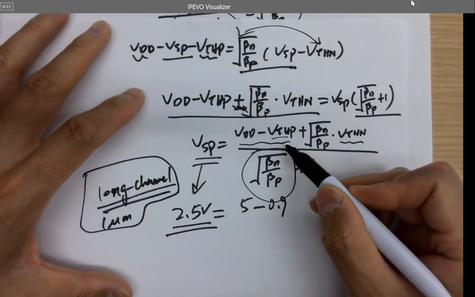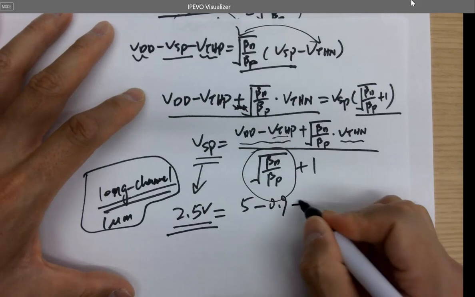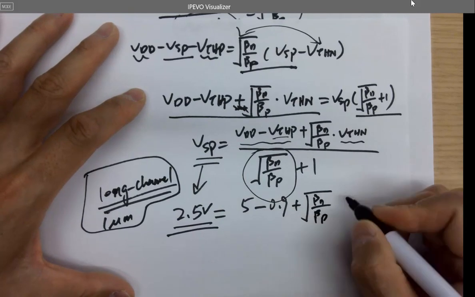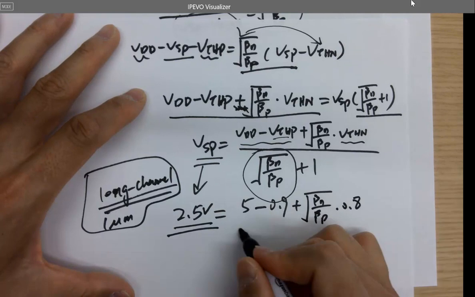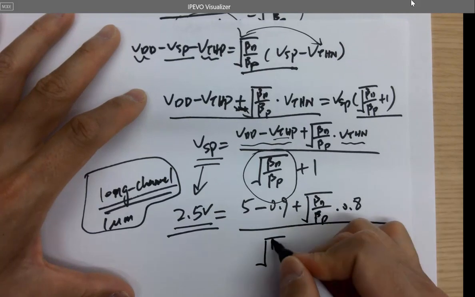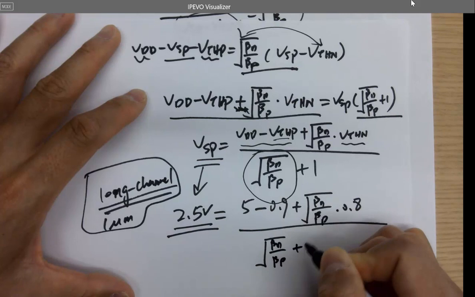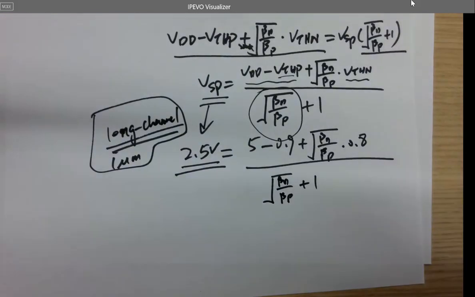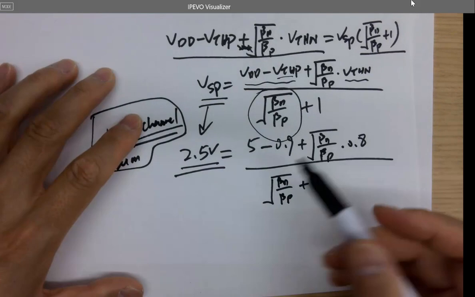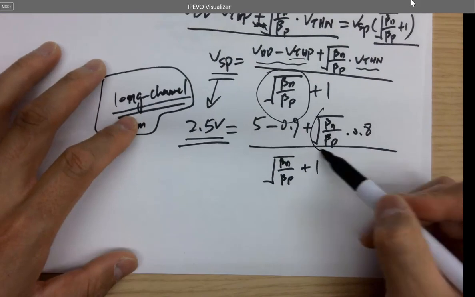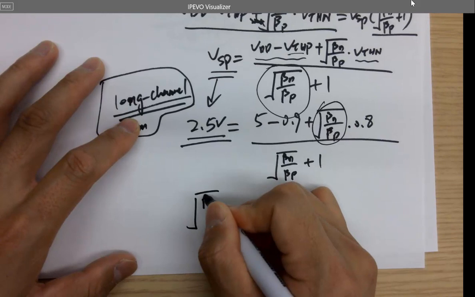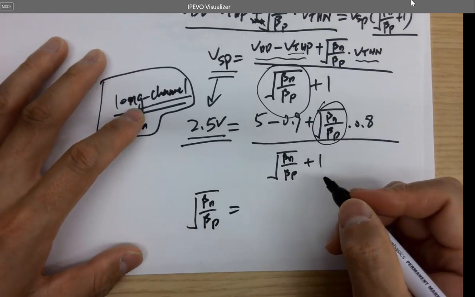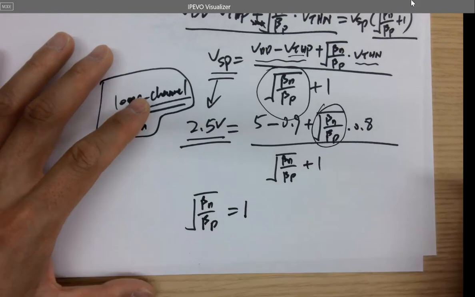VTHP, the PMOS threshold voltage, is 0.9 volts plus this parameter times 0.8 volts over this one plus 1. Okay. We can easily calculate this guy, which is very close to 1.